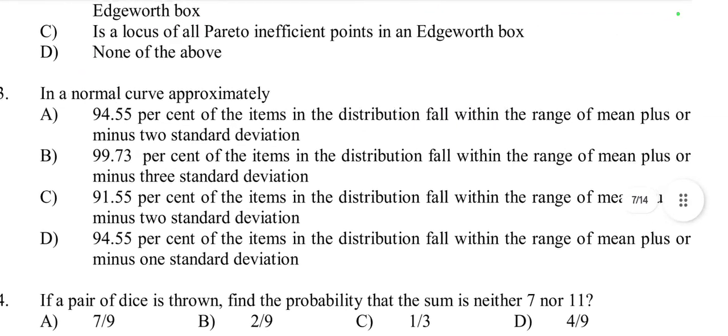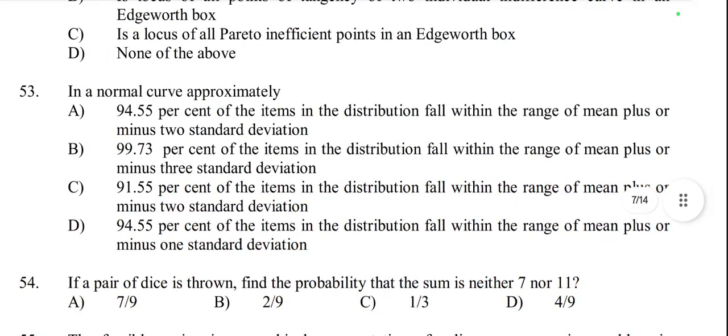Then question number 53. In a normal curve, approximately 94.55% of the items in the distribution fall within the range of mean plus or minus 2 standard deviation, or 99.73, that is 3, or 91.55 2 standard deviation, or 94.55, that is 1 standard deviation.